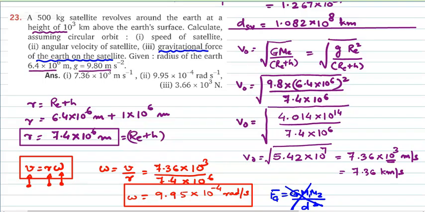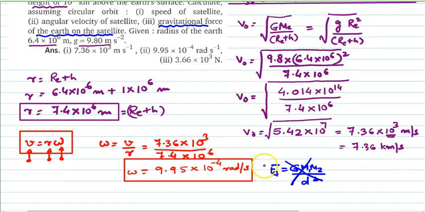The question wants us to understand that the gravitational force is equivalent to the centripetal force. As the satellite is revolving around the earth, the required centripetal force is provided by the gravitational force. Now if you start putting the values over here, taking them as constant, G, mass of earth and mass of satellite, you will land up in trouble.